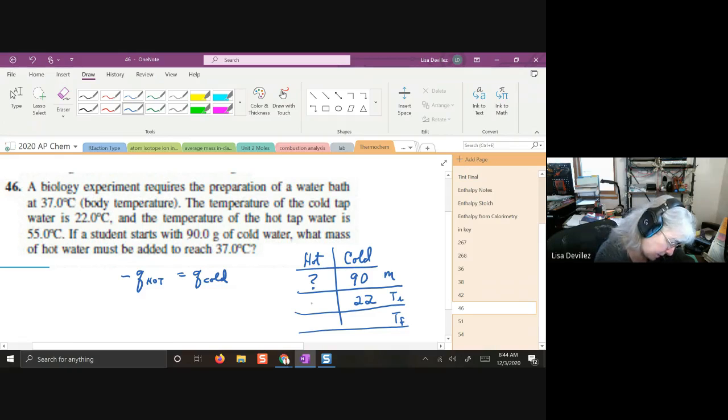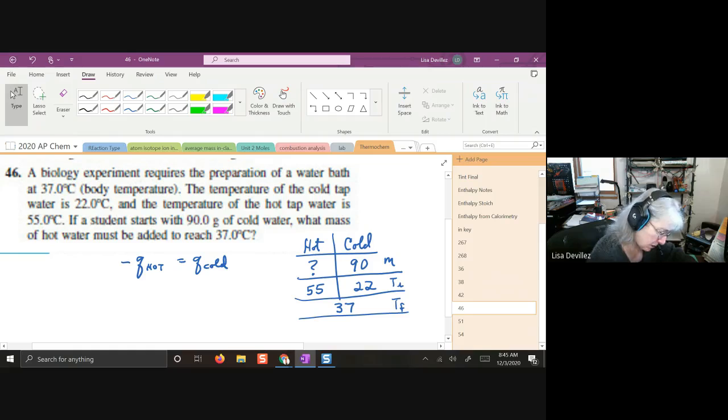The hot is going to be 55. Our final is going to be the same for both, which is 37. So we want to know how much hot we need there.